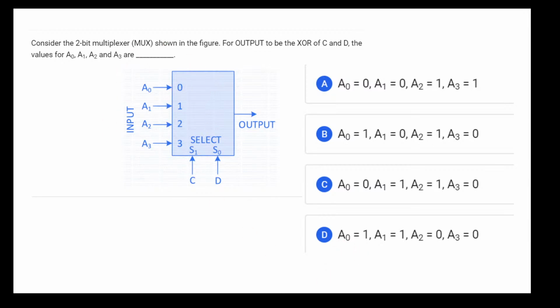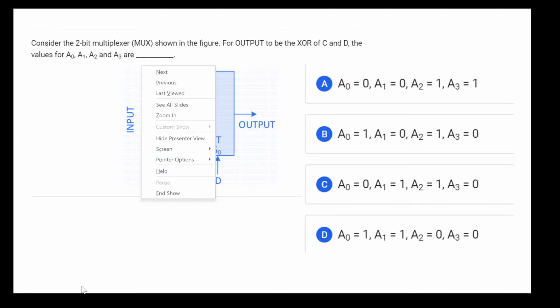So basically it is asking what the input values should be to get the output equivalent to XOR of C and D. Let me just use my pointer pen.